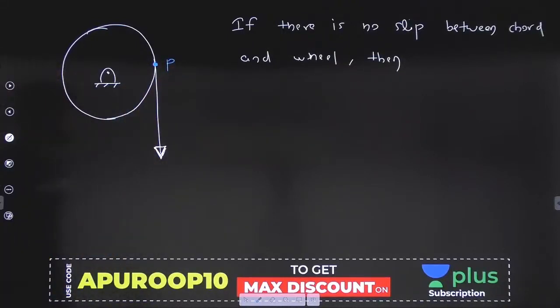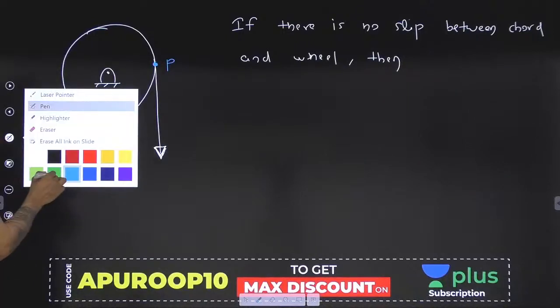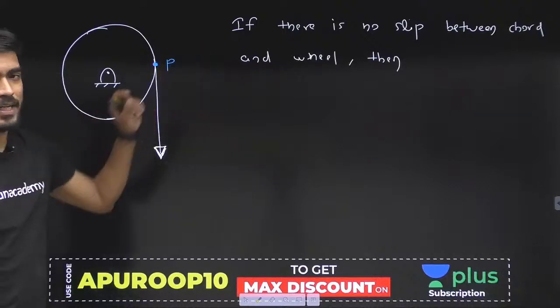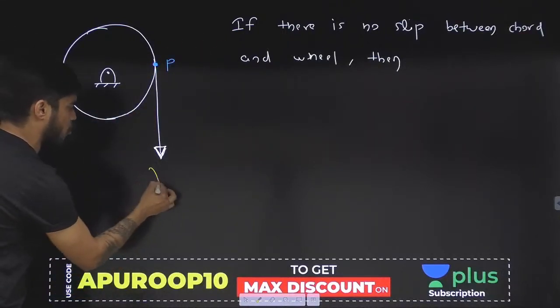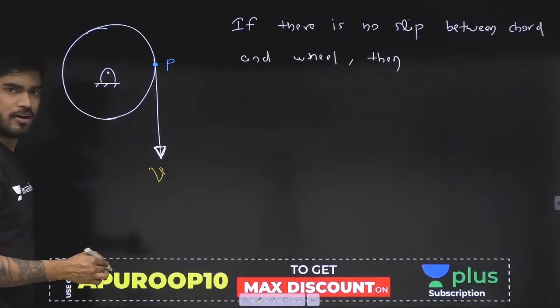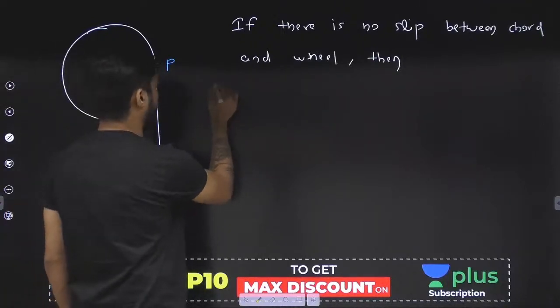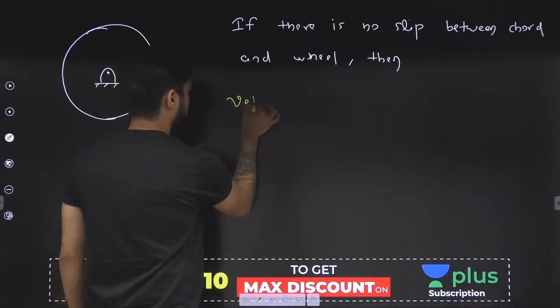Let's say this point is P. Then according to the no slip condition, whatever is the velocity of the cord will be the velocity of P.